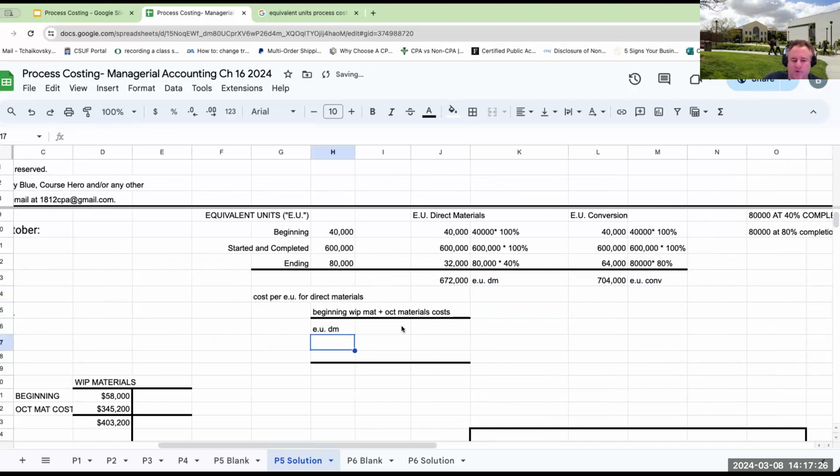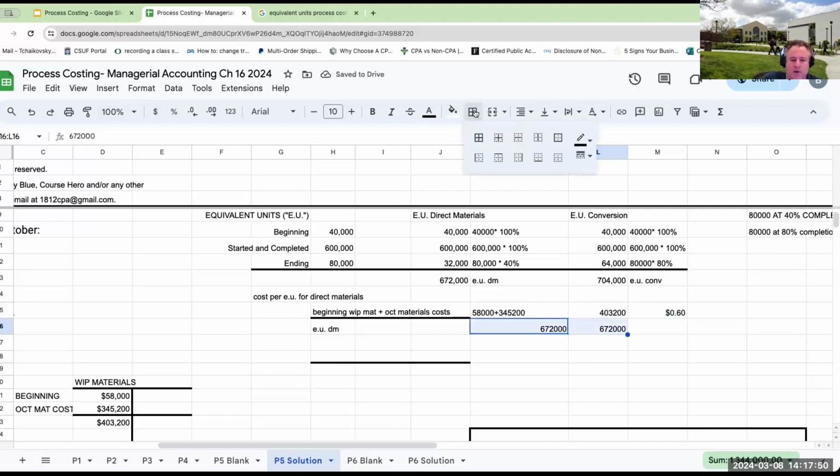So this is going to be 58,000 plus 345,200 divided by 672,000, or 403,200 divided by 672,000, or 60 cents, which is going to be my cost per equivalent unit.